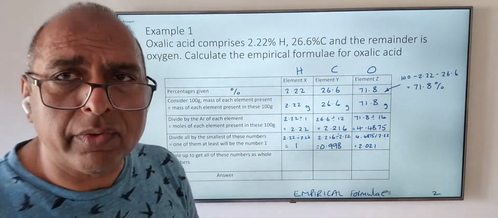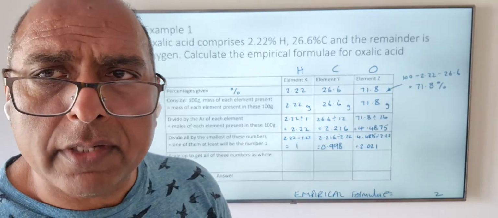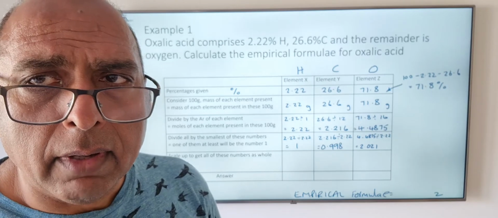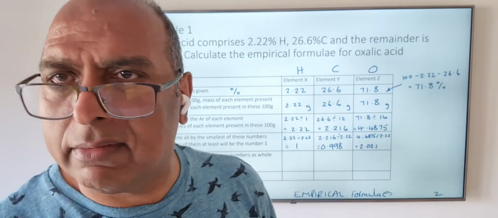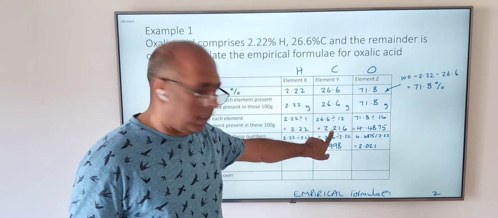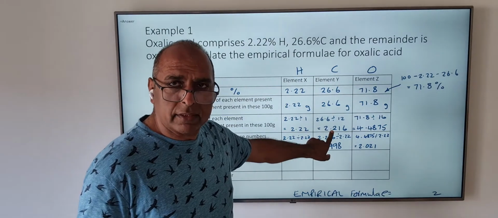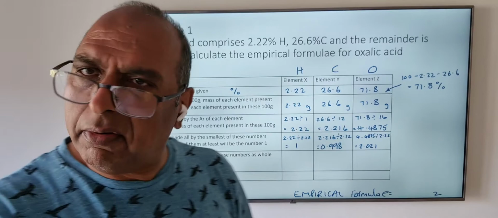And I said to you that a lot of the time the data given is not spot on. And that's why my error didn't faze me. I didn't think I'd made an error. But when I tell you to divide by the smallest, 2.216 is a teeny weeny bit smaller than 2.22. Do it.